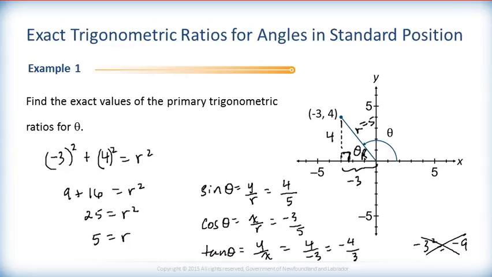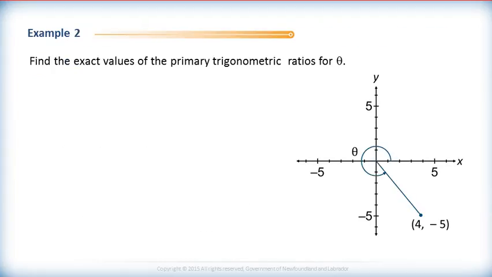On to the next example. Find the exact values of the primary trig ratios for theta again. So we drop our perpendicular line to our terminal arm here. Just drawing things freehand. This side here is 4 for the triangle, -5 for this one.